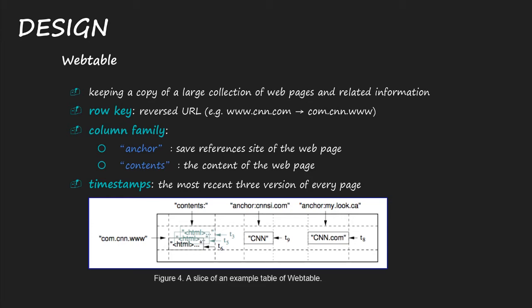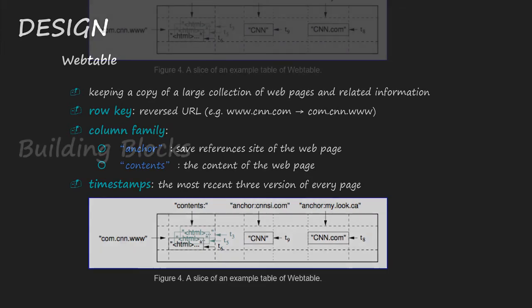The reason for the reversal is to allow the pages in the same domain to be grouped together. The column family anchor saves the reference side of the web page, and another column family contents stores content of the web page. In Web Table, the author only keeps the most recent 3 versions of every page.